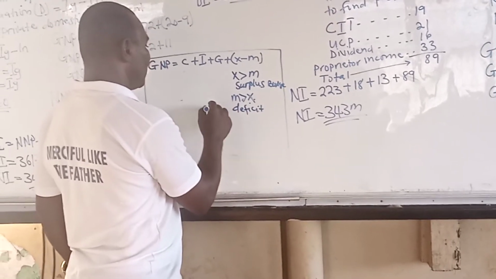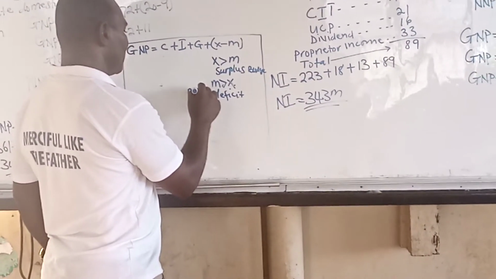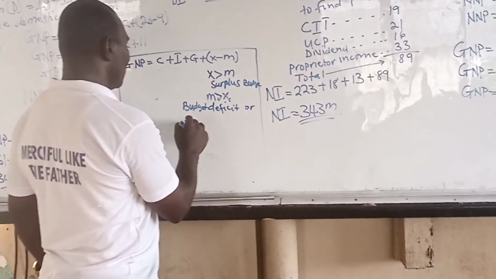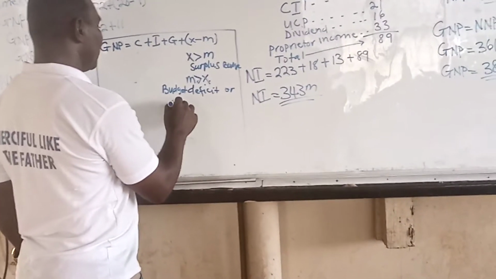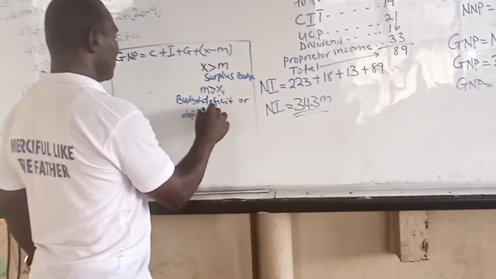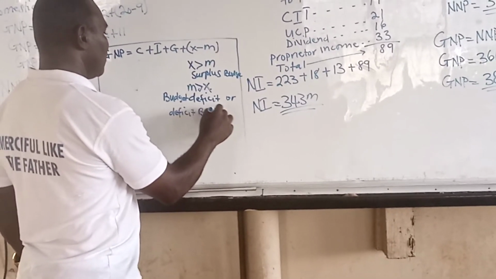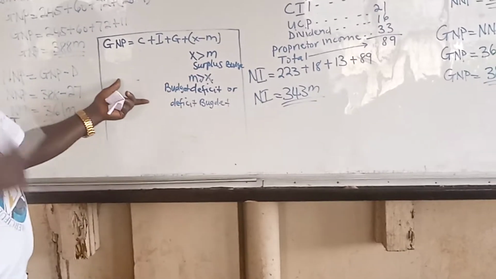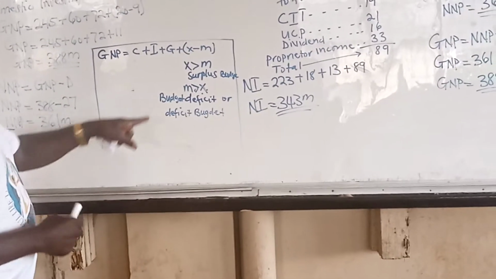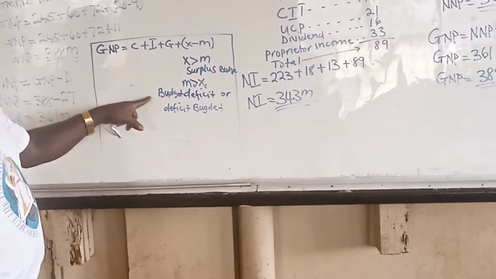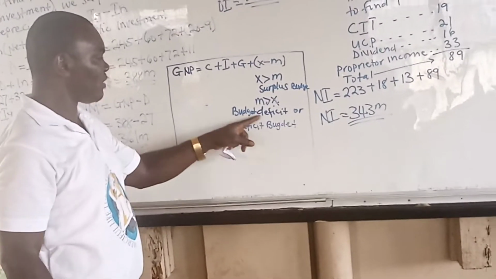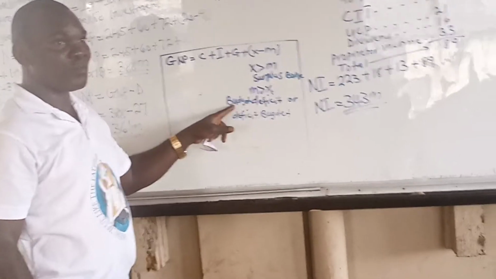It's the same. So in our first problem we ended in negative, therefore it was a budget deficit.